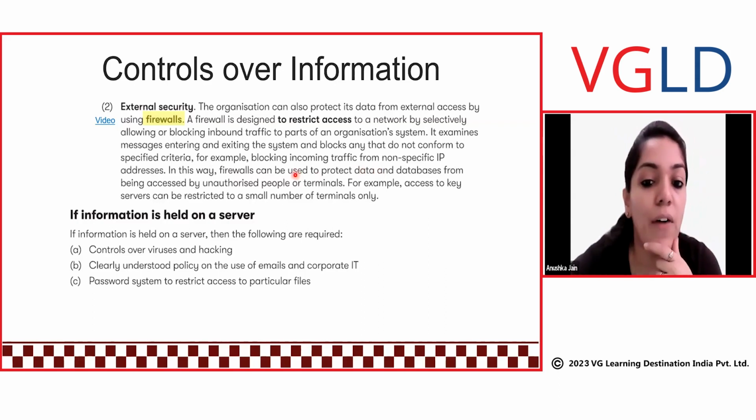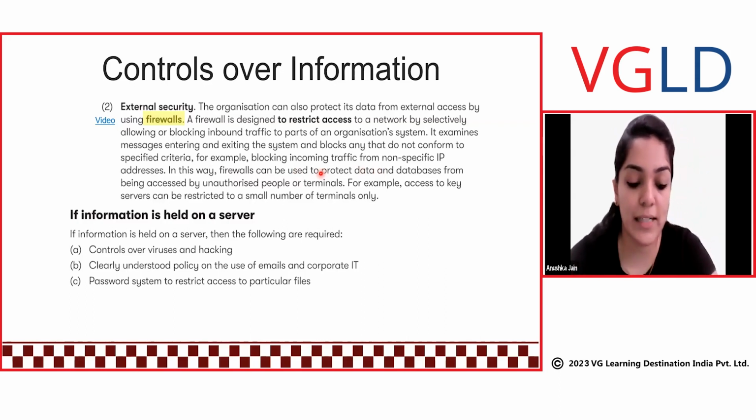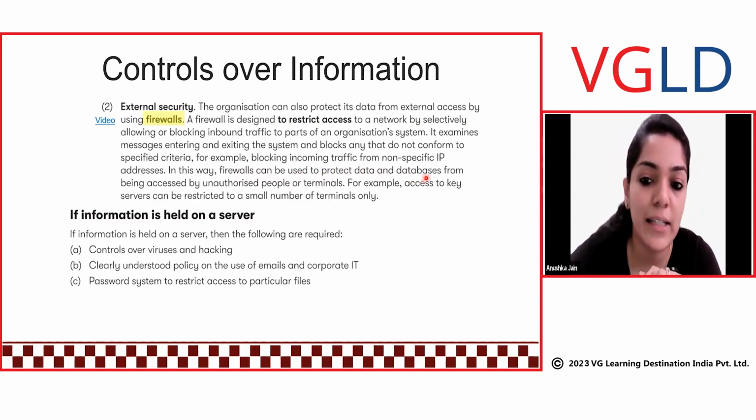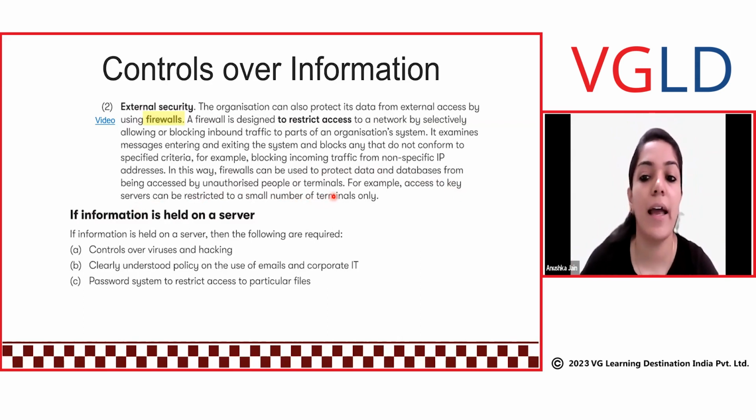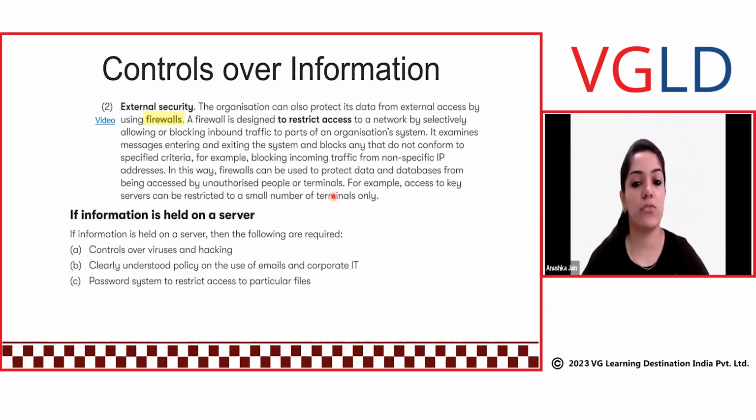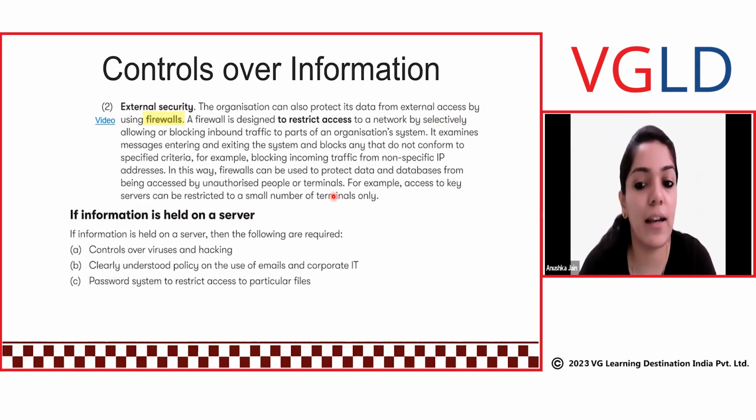So in this way, firewalls can be used to protect data and databases from being accessed by unauthorized people or terminals. For example, access to key servers can be restricted to a small number of terminals only. Only a few IDs will be allowed to access key information.